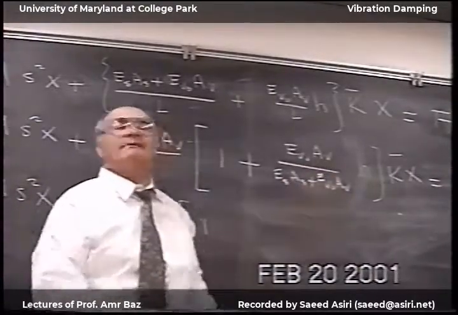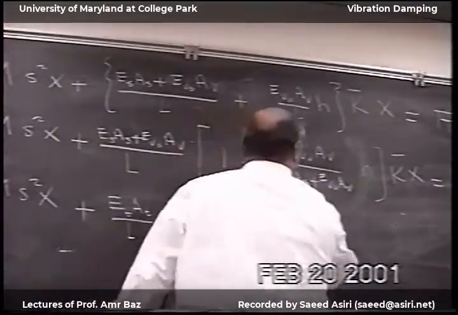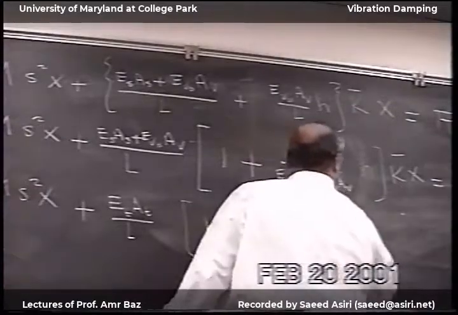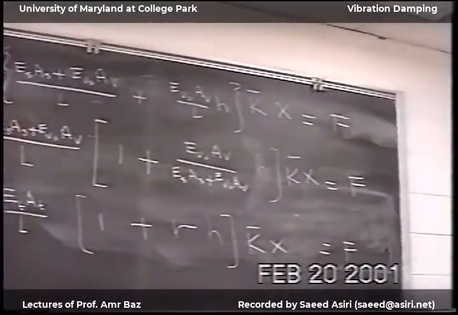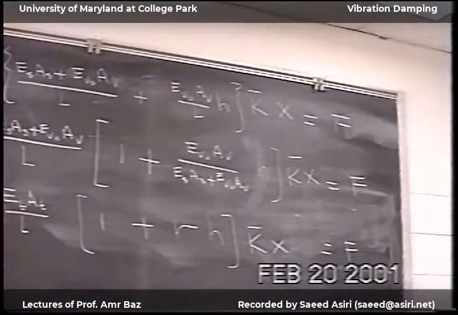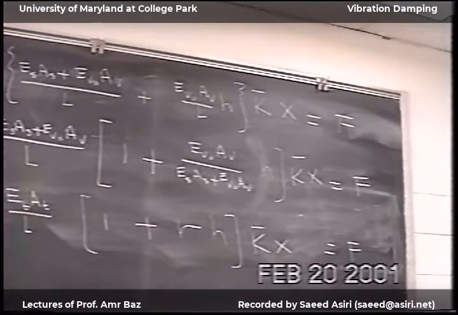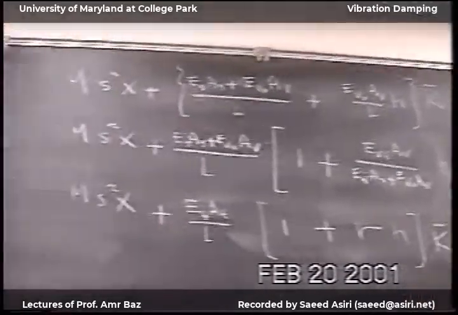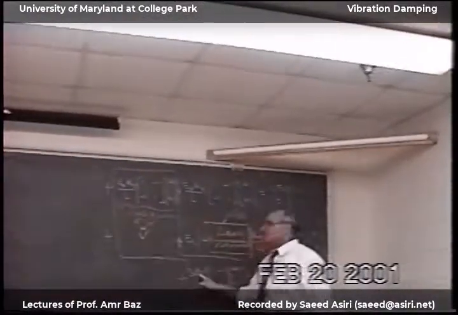So this is a dimensionless term, and I'm going to call it the ratio R times H, K prime x is equal to F. If you look from here, the EA total is this term plus this term.